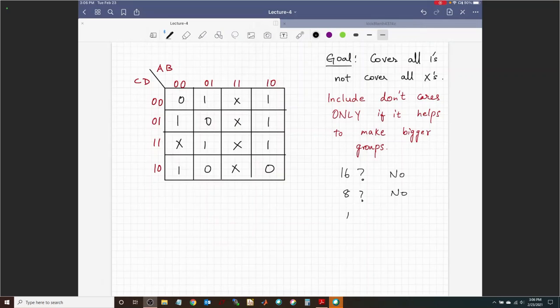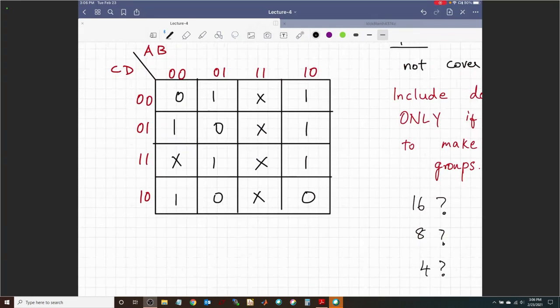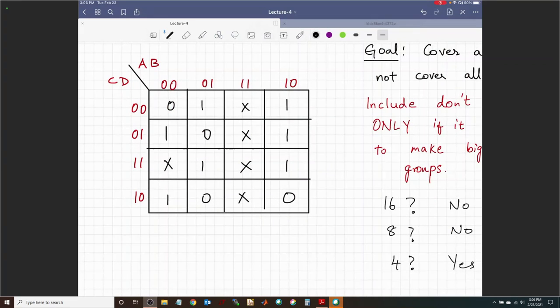So let's see how many 4s. Can you make a group of 4 ones? Sure, the answer should be yes. Let's try to see how many we can make. At any stage, if you have a concern about the group, let me know.